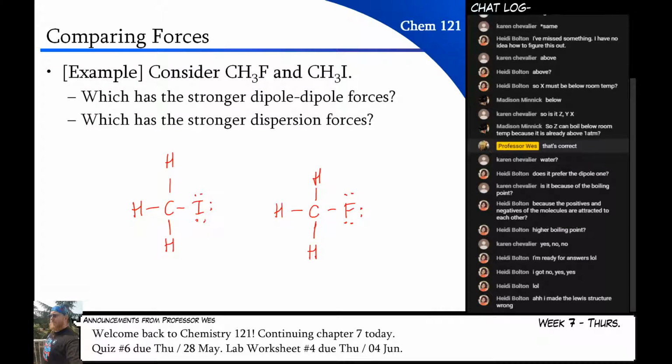Any idea which one has more dispersion? What do we need for more dispersion? A molecule with more dispersion forces has a higher what?